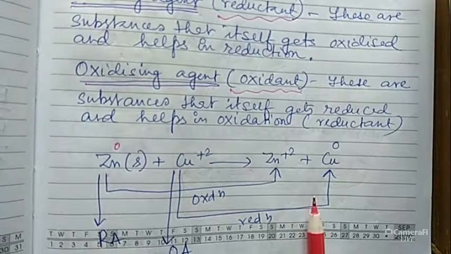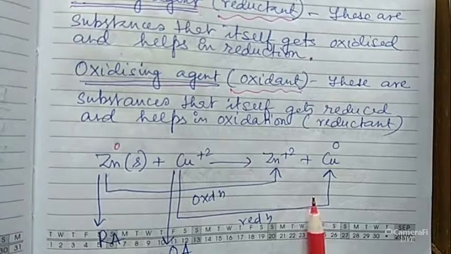So have you understood this part of the chapter, children? I'm giving you 2 minutes time, copy it.